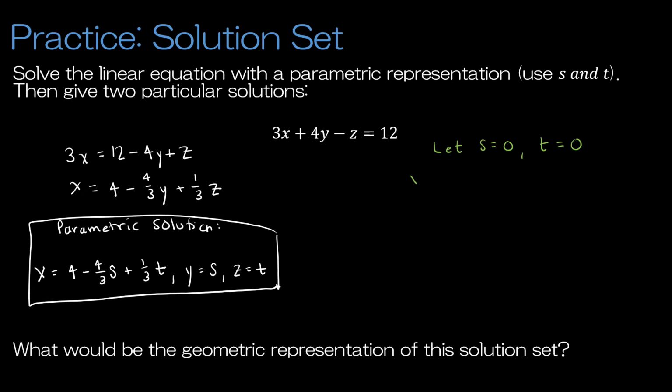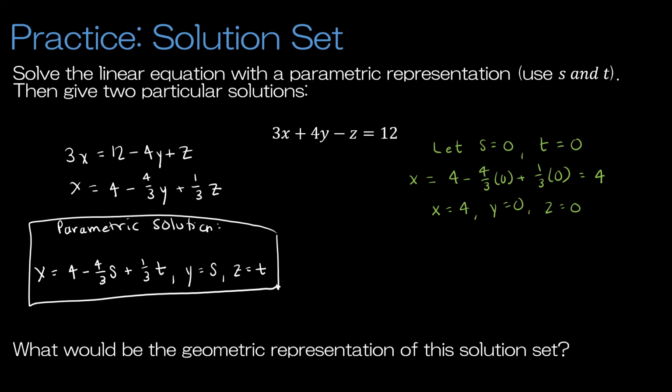So I'm going to say x is equal to 4 minus 4/3 times 0 plus 1/3 times 0. So I'm just using this equation and replacing with 0, s and t. And that would just give me 4. So one solution would be x is 4, y is 0, z is 0.